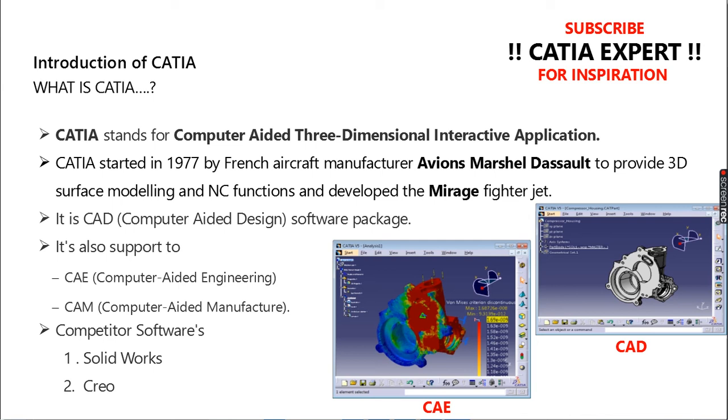In those days they developed the Mirage fighter jet. Nowadays the company is named Dassault Systèmes, which is the parent company of the CATIA software.